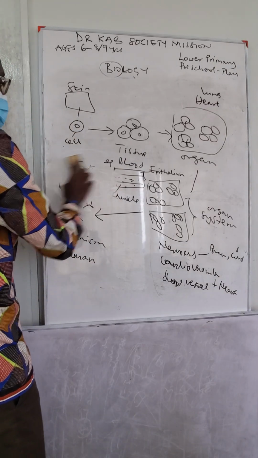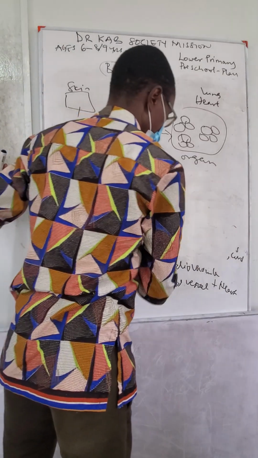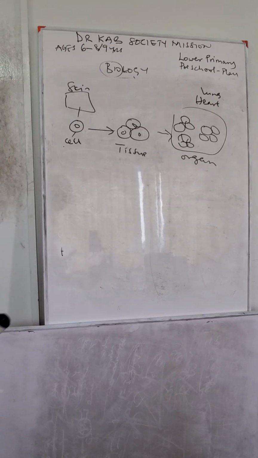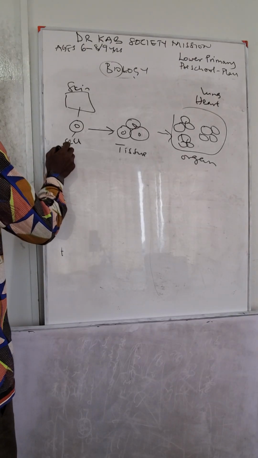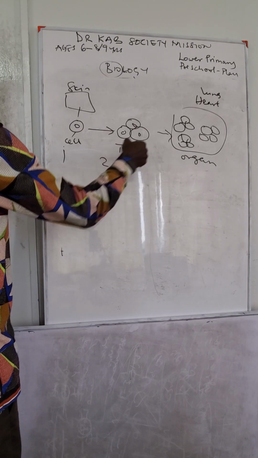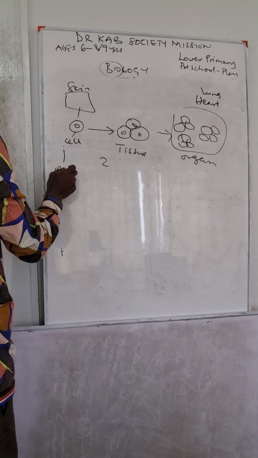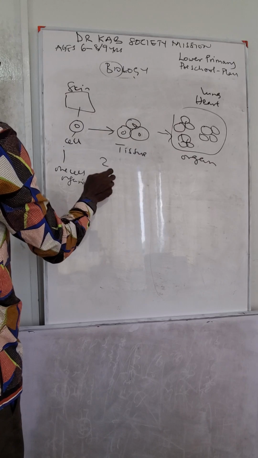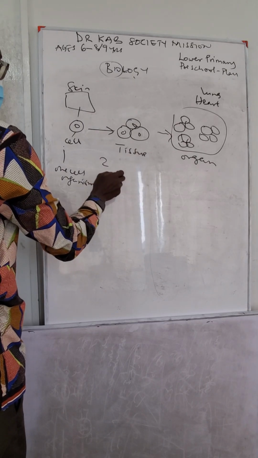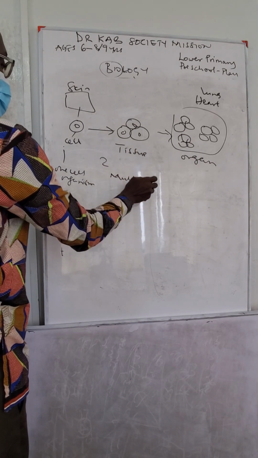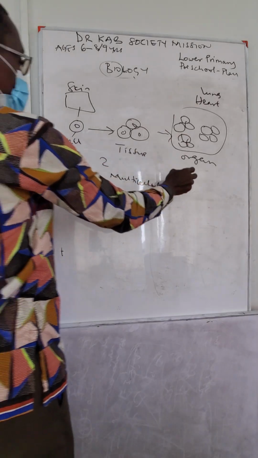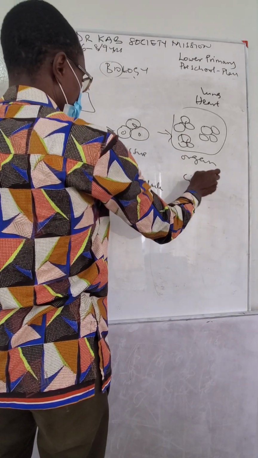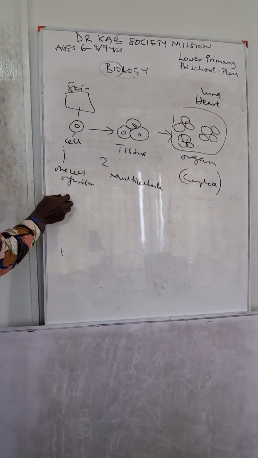Now this cell that we have. Some organisms are just one cell, some are two or three cells, and some are multicellular, the more complex ones like us.